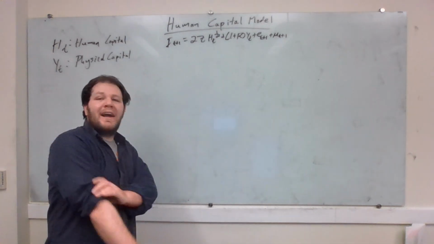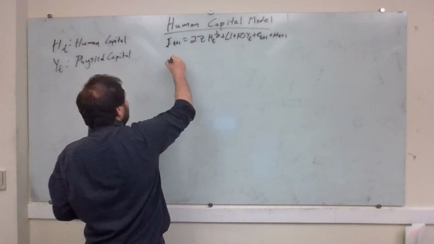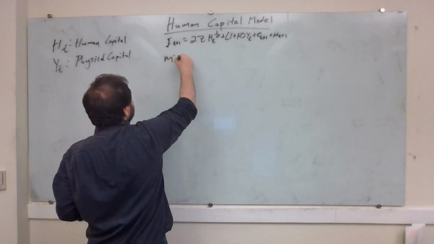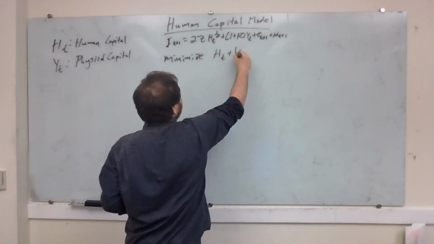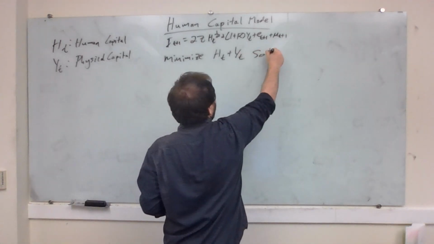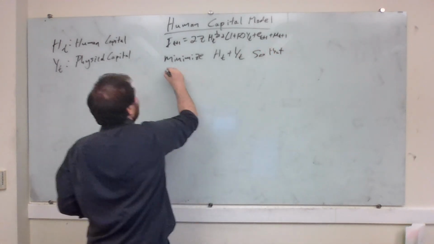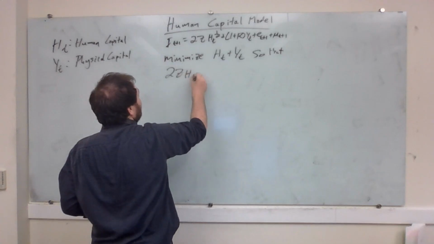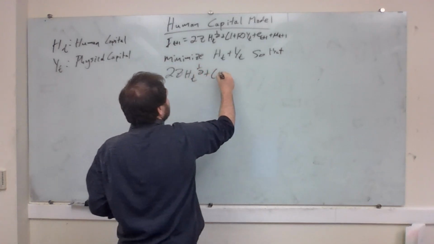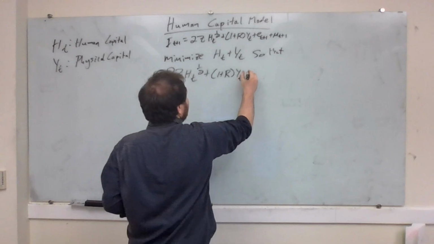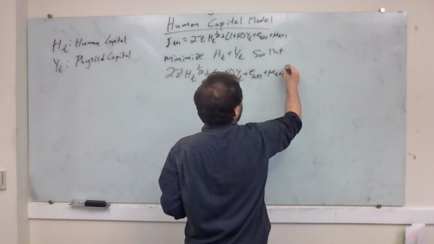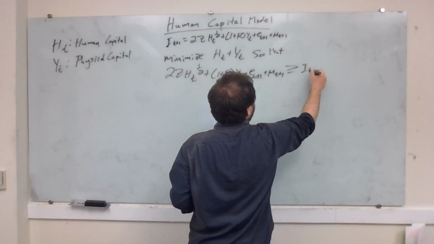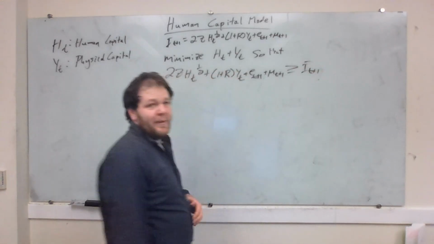Assuming we knew the right amount of I_{t+1}, let's pick H_t plus Y_t to minimize H_t plus Y_t so that 2z times H_t to the 1/2 plus (1 plus r) Y_t plus E_t plus mu_{t+1} is greater than or equal to the I_{t+1} that we picked.